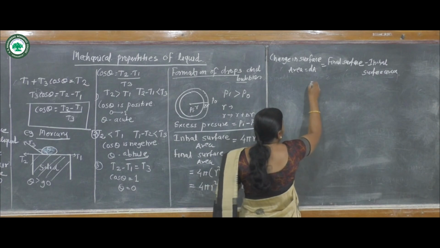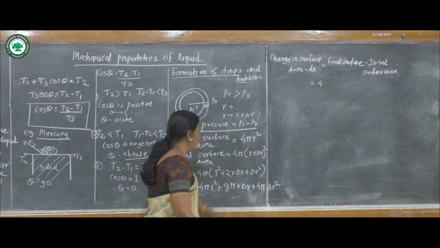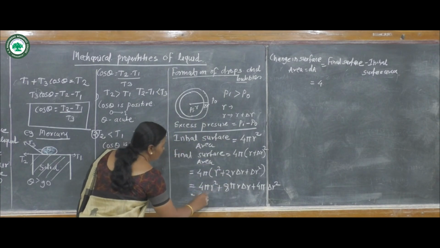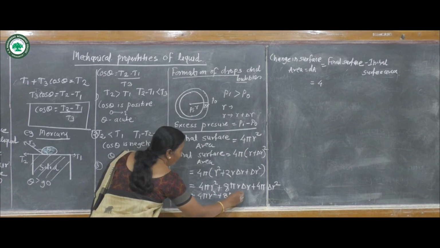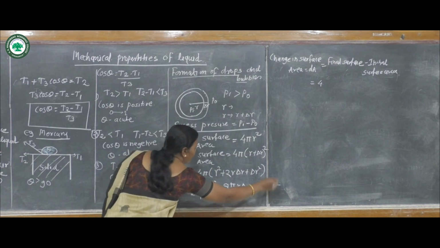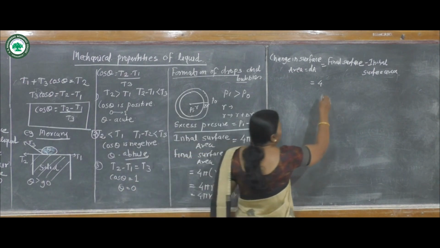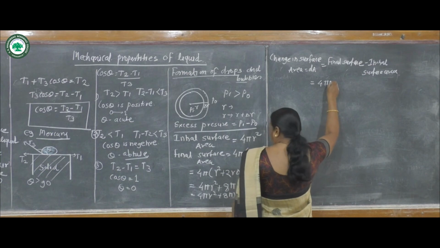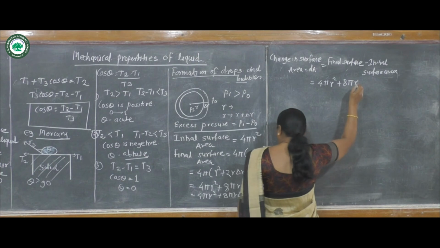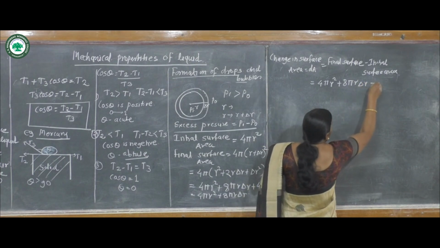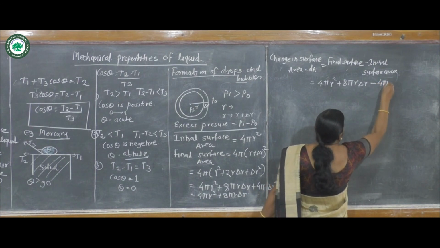See this equation? Here delta r square is neglected. We get the final surface area as 4 pi r square plus 8 pi r delta r, minus the initial surface area, which is 4 pi r square.